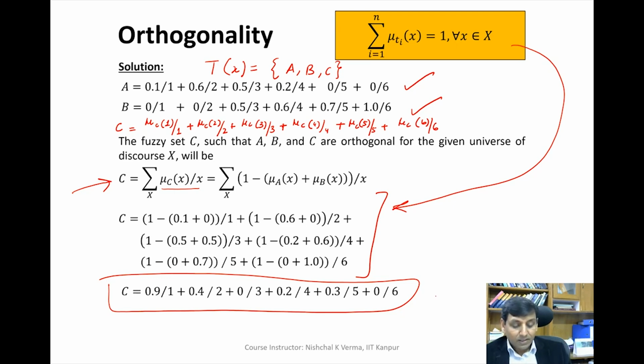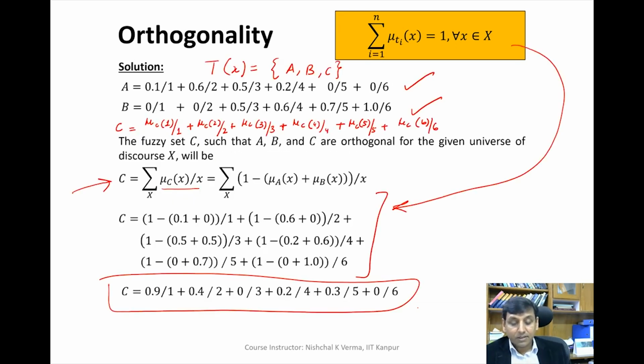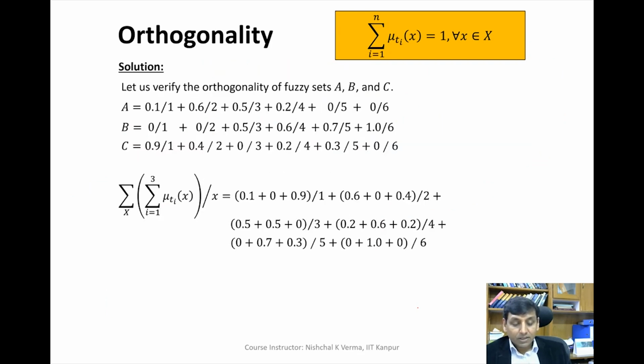So given a term set X comprising capital A, capital B and capital C fuzzy sets, or linguistic values, if A and B are given, C can be computed if Tx is orthogonal. It's very simple, and the solution is here. You can further extend it.